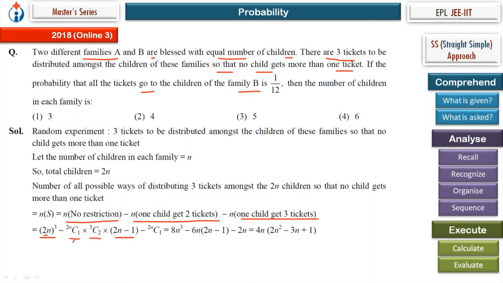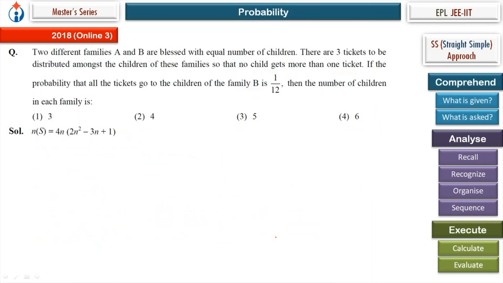So first we decide which child, which 2 tickets, and the third ticket is distributed. Similarly, 1 child gets 3 tickets, 2n c1. We just select which child. So we just got the values. You just put the values there, we get this simple calculation, right? We got the value of n of s. So n of s is this.